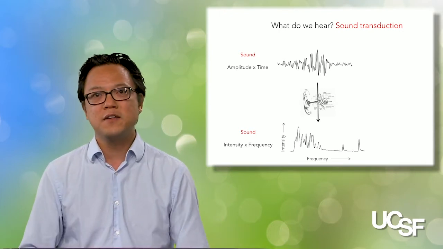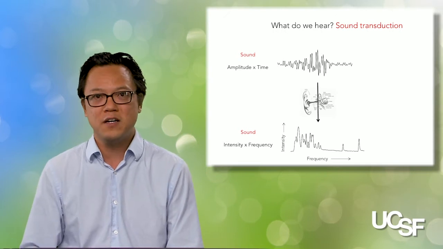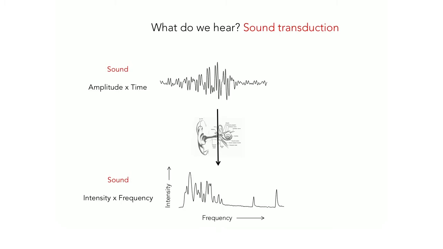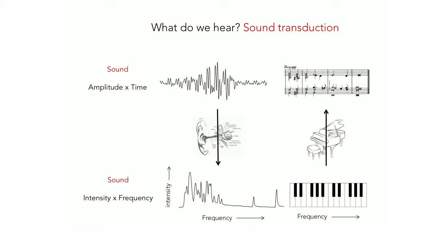So the ear takes advantage of a fundamental property of any complex waveform, in that a complex waveform of amplitude over time can also be represented as an array of intensities over a range of frequencies. So think of it this way. A piano is an array of keys at different pitches.